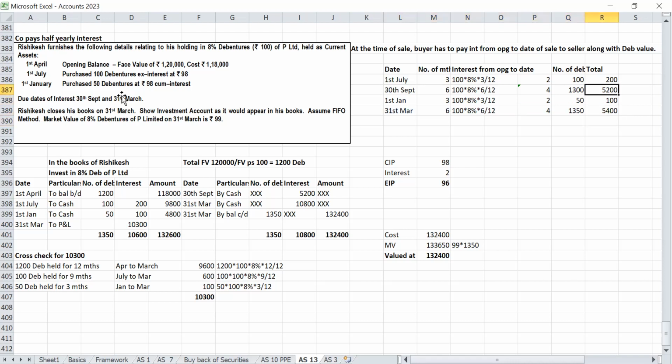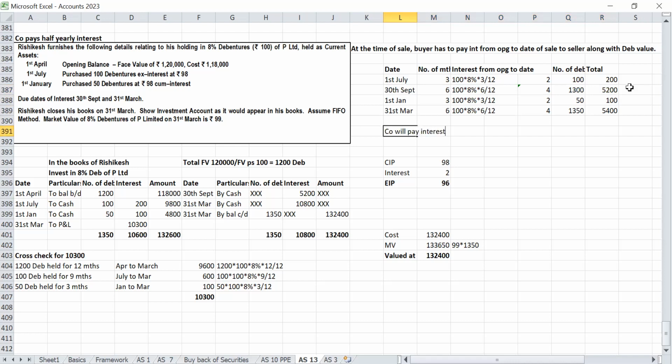On 30th September, how did you calculate interest? From the opening balance, April to September, 6 months, for 1300 debentures.